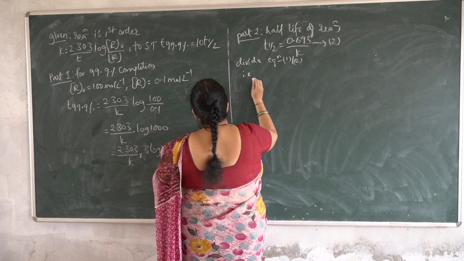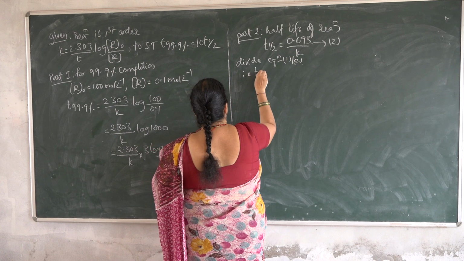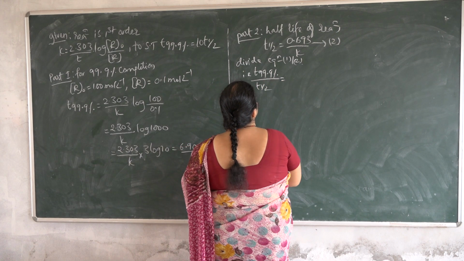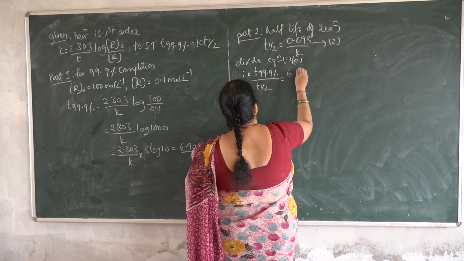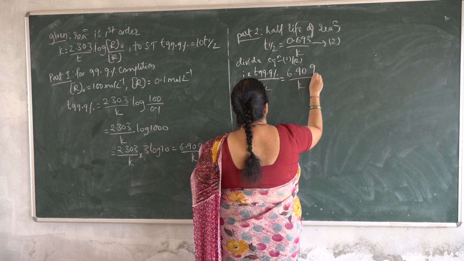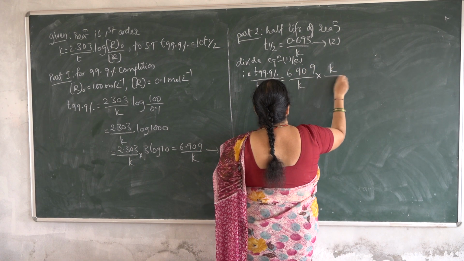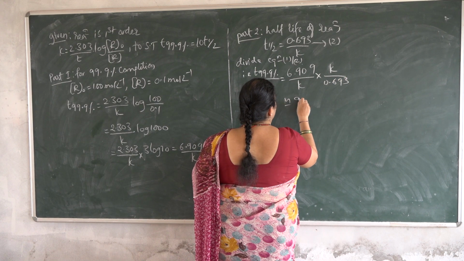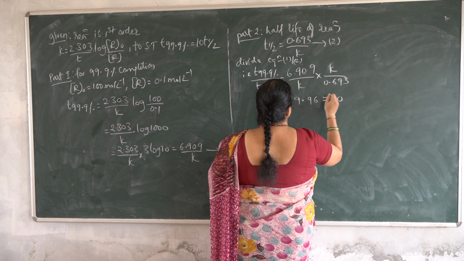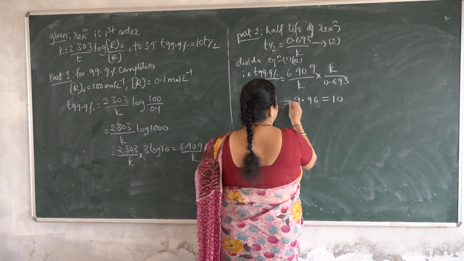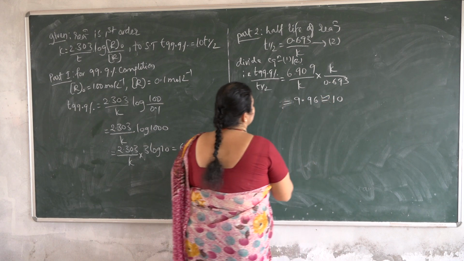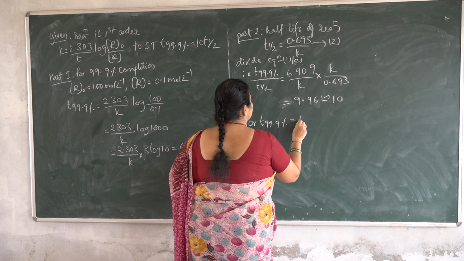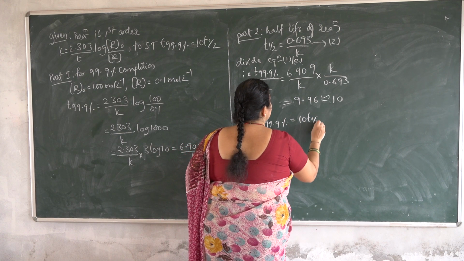That is, T 99.9% divided by T half is equal to 6.909 divided by K divided by 0.693. It is nearly coming as 9.96, or almost equal to 10. So T 99.9% is equal to 10 into T half.